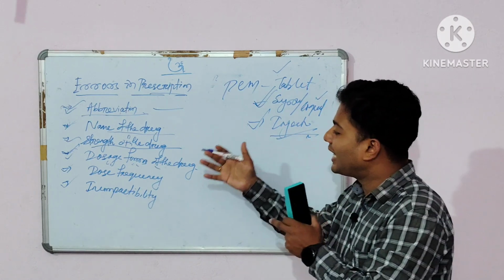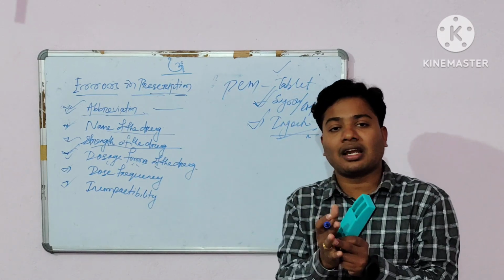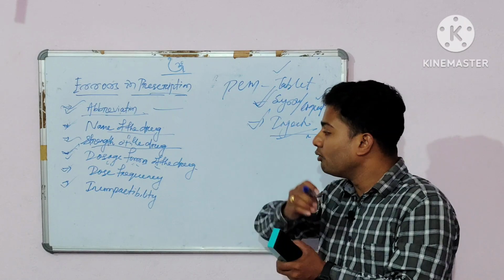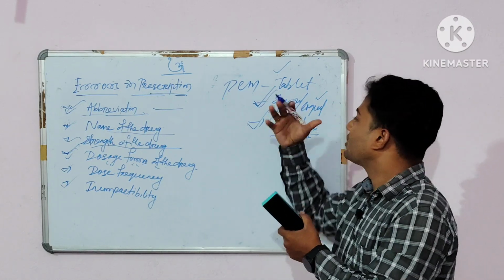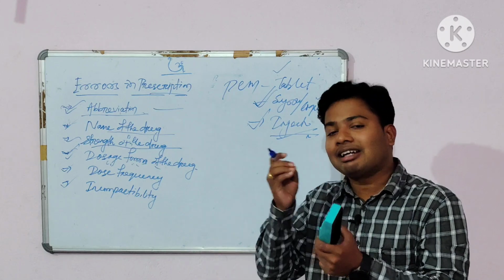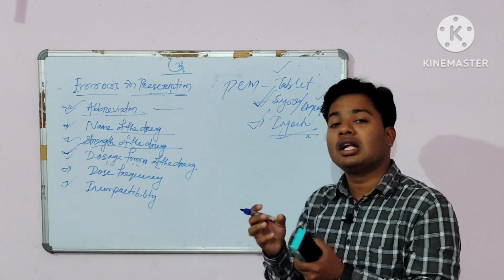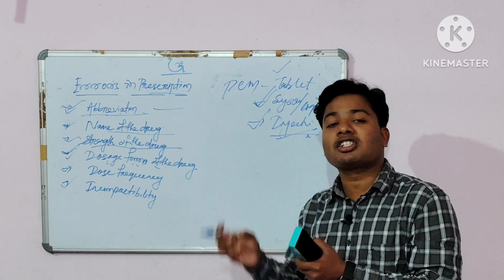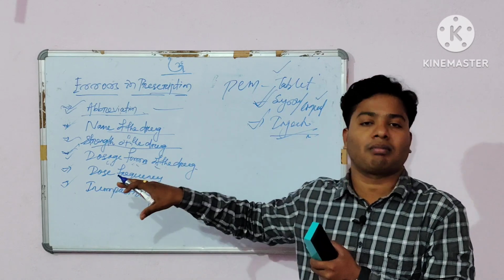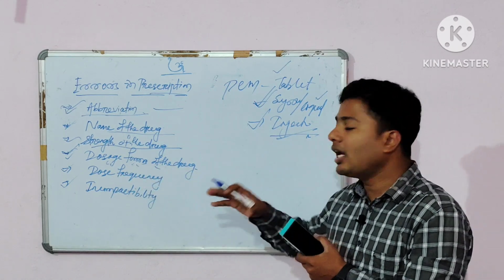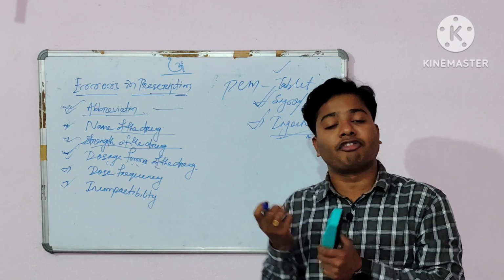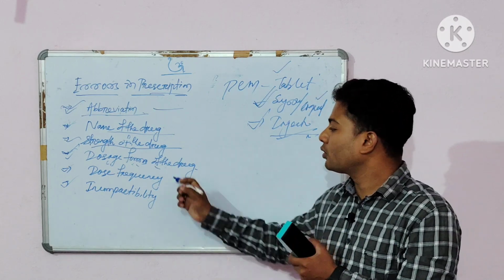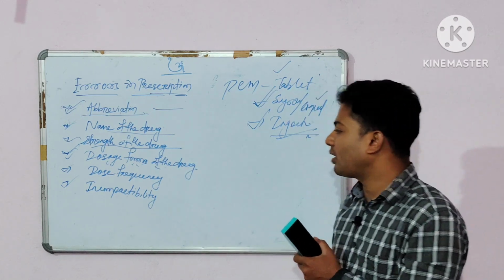So if the physician has not mentioned which type of dosage form, whether it is tablet or syrup or injection, definitely it may cause a difficulty to dispense the medicine to the patient by the pharmacist. Definitely it will be a challenge for the pharmacist to dispense the medicine to the particular patient.